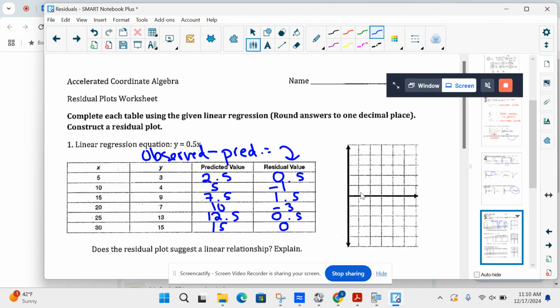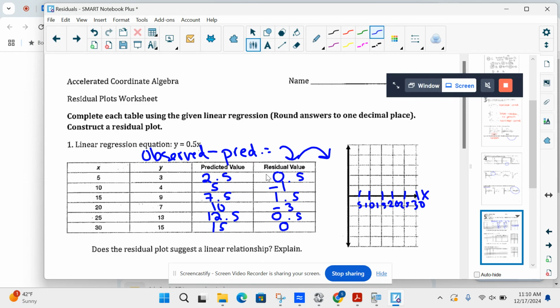So our x-axis is still the same x in our table. Since it's going in 5s, we'll go ahead and make our x-axis go in 5s. So 5, 10, 15, 20, 25, and 30. And then our y-axis will be based off of the residual.